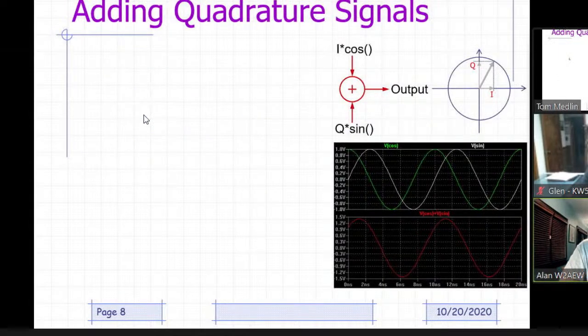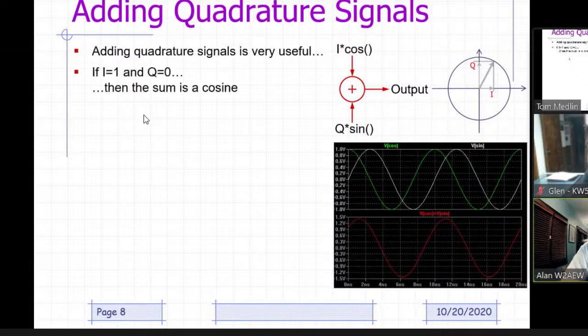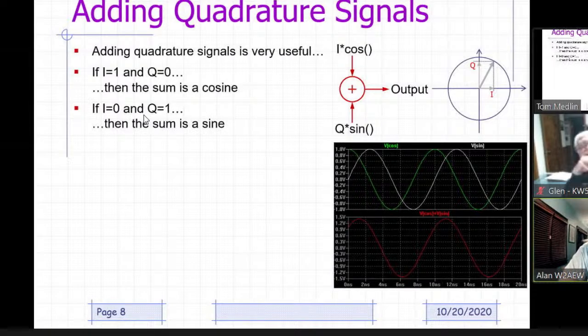There are some interesting things that happen when we add quadrature signals together. For example, in this diagram I'm adding I times cosine plus Q times sine. If I is 1 and Q is 0, it's like the sine wave's not there, so the output is obviously a cosine wave. Pretty simple. And if I is 0 and Q is 1, the output is going to be a sine wave.